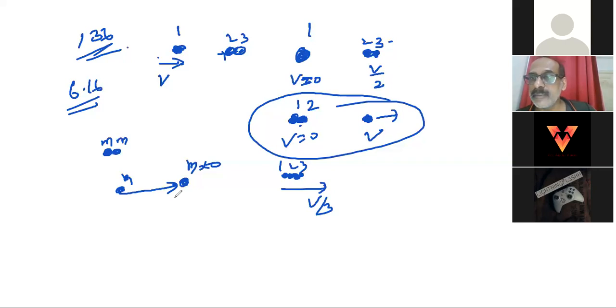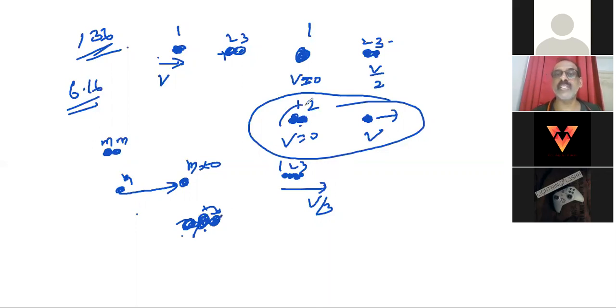Do you understand? Yes, sir. So when they collide, see, these two rings are here. The first one will come and hit here, and that velocity will be transferred to the second one. Again between these two, the same velocity is transferred to the third one.